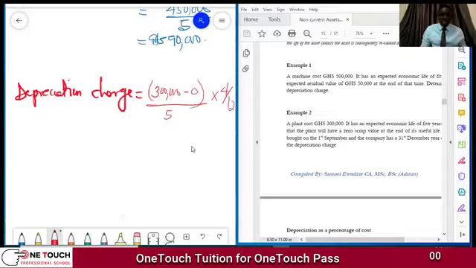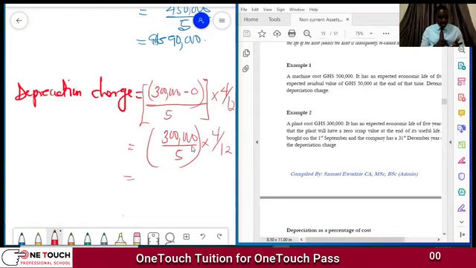So we have the whole of this in round brackets: 300,000 divided by 5, times 4 on 12. 300,000 divided by 5 is 60,000.